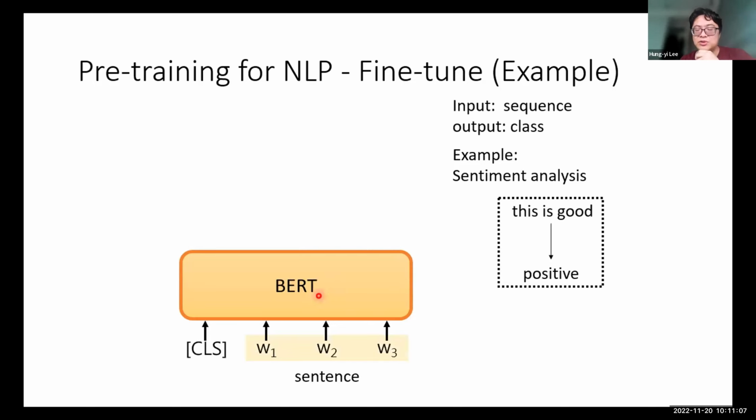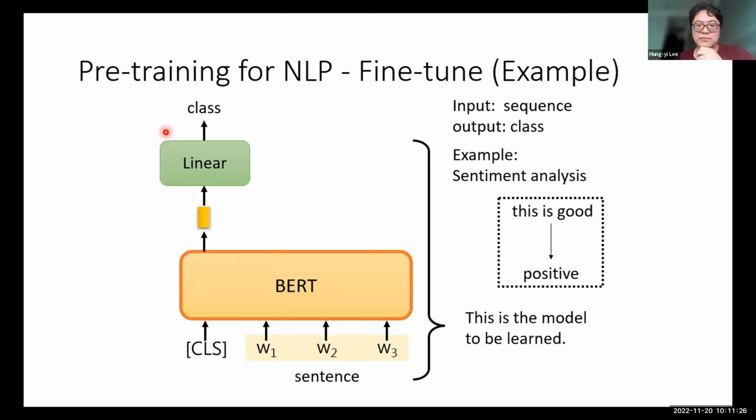Okay, so this is your pre-trained model. This is BERT, and you take a sentence as input, and you put a CLS token in front of the sentence, and the model will output a representation, and you add a linear model on top of the pre-trained model, and the linear model will output the classification result. The linear model plus the pre-trained model is the whole model you are going to use to solve a specific task.